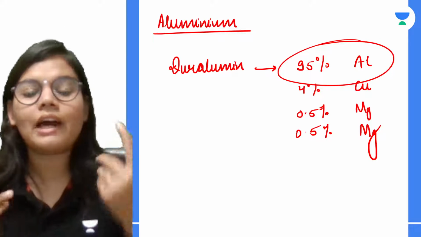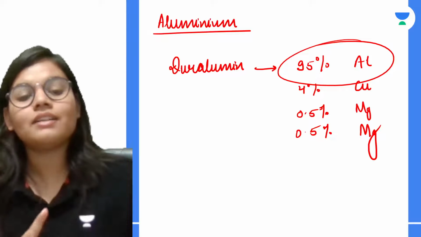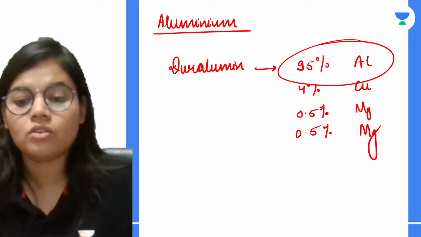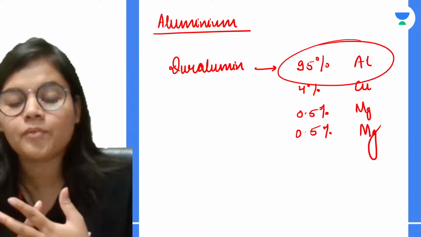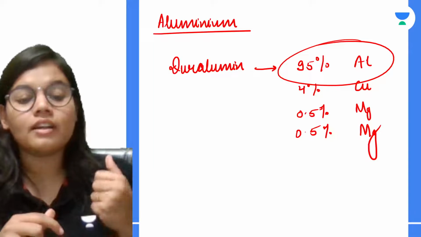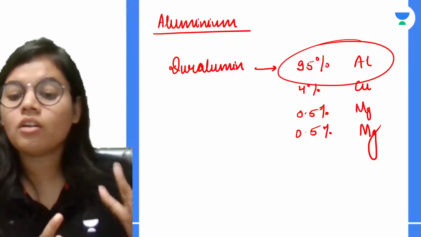Now, what are the properties of duralumin? It is very lightweight first of all, and at the same time it is very hard. The strength is more and the weight is less. Next, it is very resistant to corrosion. It doesn't even corrode easily.